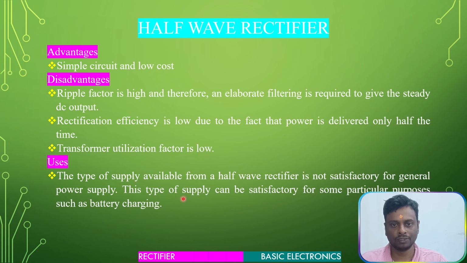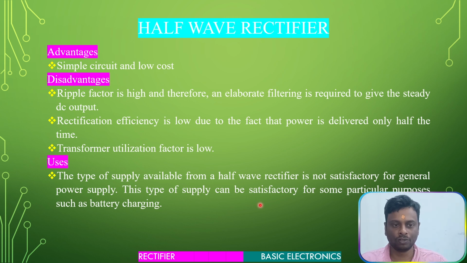So we have seen the details of the half wave rectifier: how it works with the positive half cycle and the negative half cycle of the input. Then we saw how to calculate the RMS value and average value of the output voltage and output current.